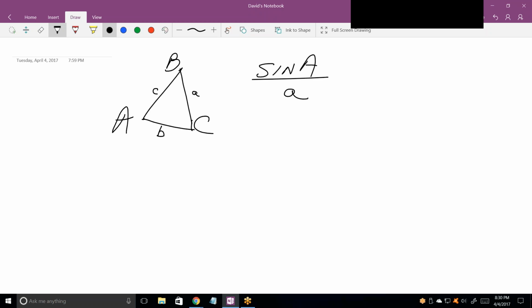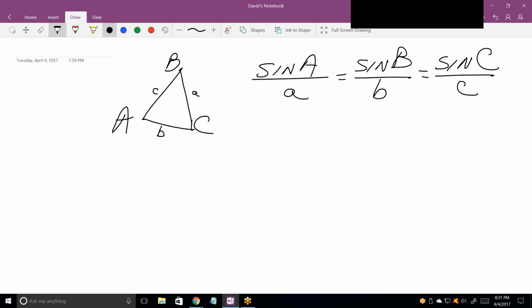In other words, the ratio of the sine of the big angle A divided by its opposite side, little a, is equal to the sine of the big angle B divided by its opposite side, which is also equal to the sine of the big angle C divided by its opposite side. That's what the law of sines says. That ratio is constant within any triangle.